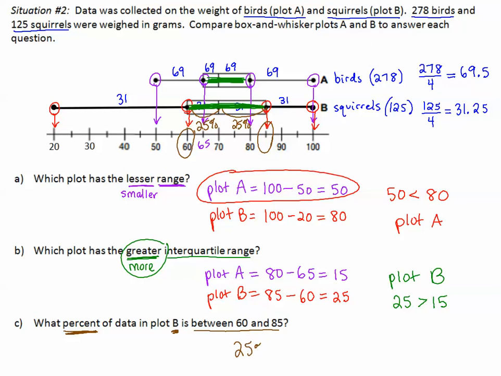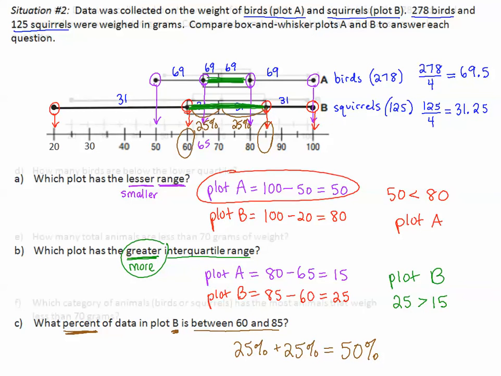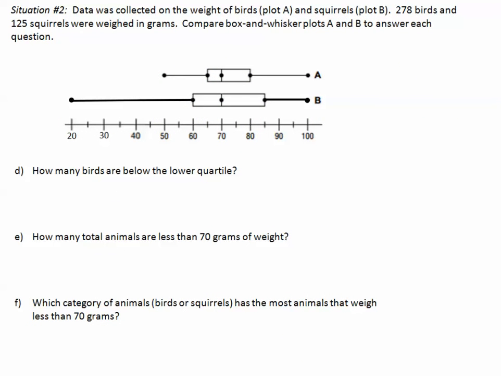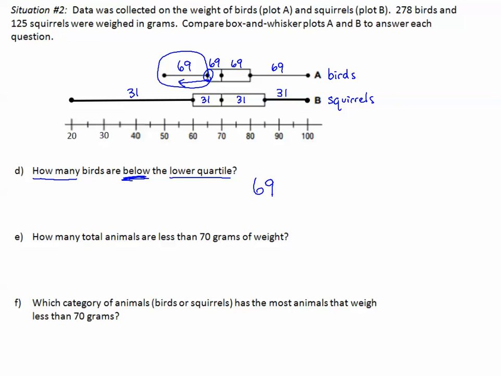So 25% plus 25% is 50% of the data that's between 60 and 85. D, how many birds are below the lower quartile? Below the lower quartile. So first remember how many birds are in each quartile because we divided by 4. Below the lower quartile, here's the lower quartile, below is that way. So that's this section right here where there are 69 birds.